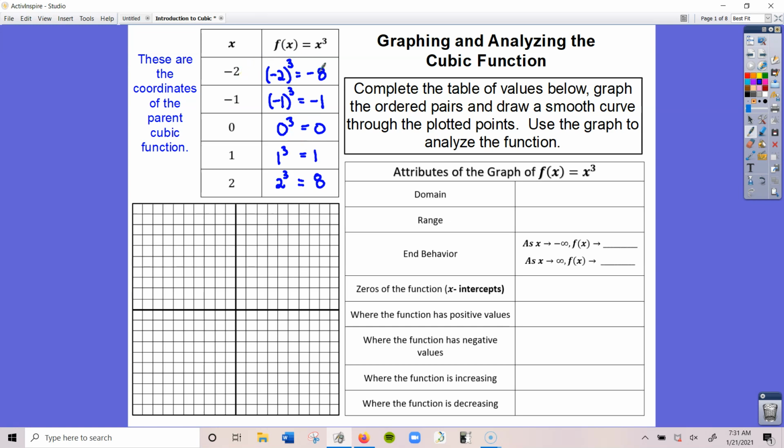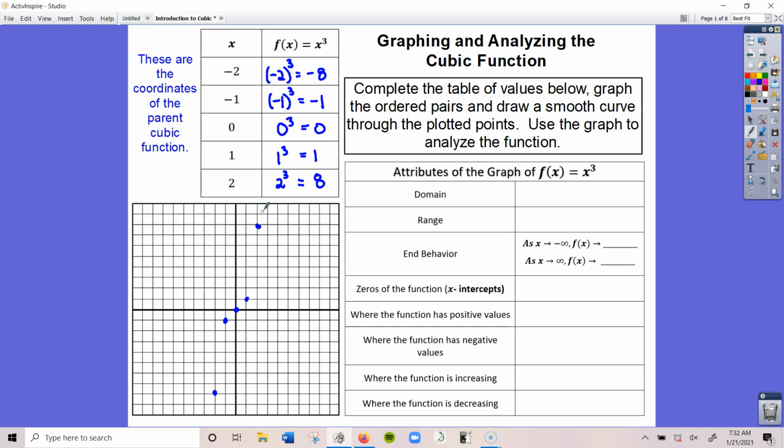I'm going to take these coordinates here now and plot them on my graph. So we have -2, -8, -1, -1, 0, 0, 1, 1, and 2, 8.